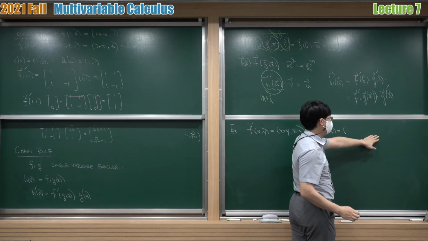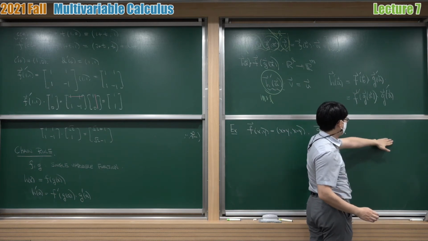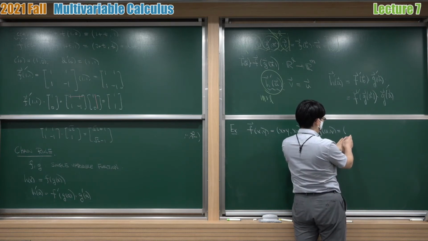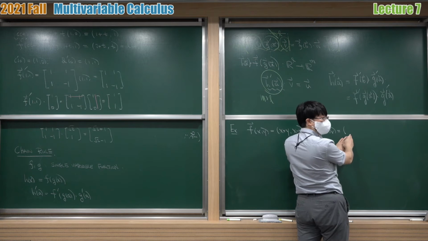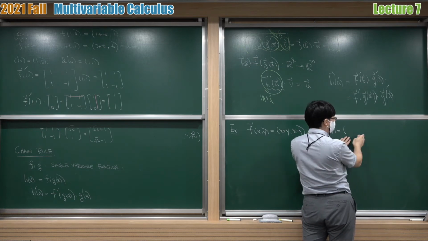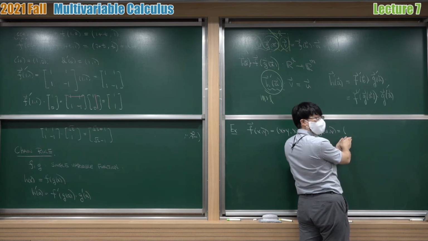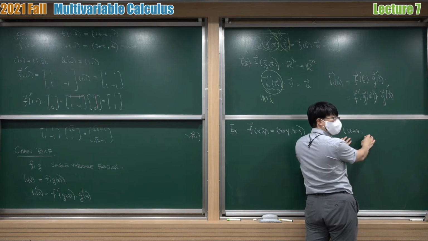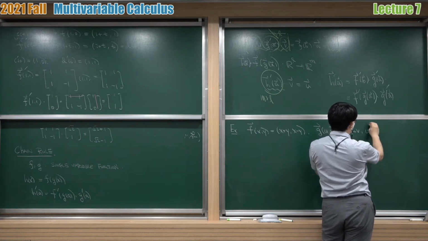I think it has to be a linear function. Is there any example that you can come up with of a linear function of U and V? U plus V. Okay, U minus V. All right, what happens?